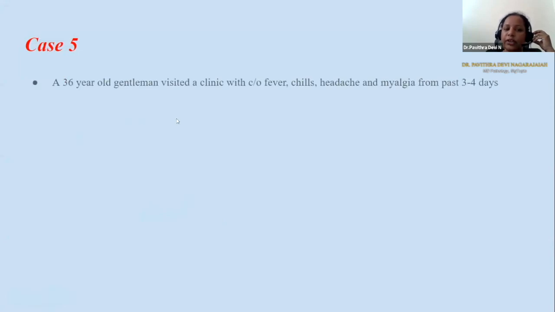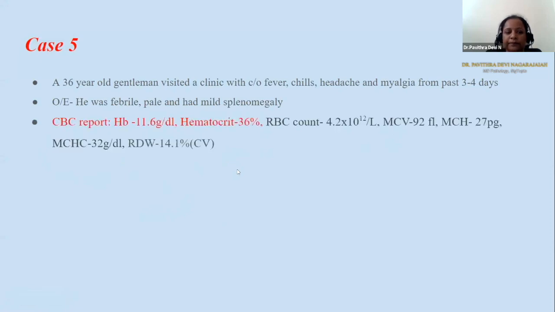A 36-year-old gentleman visited a clinic with complaints of fever, chills, headache, and myalgia from the past 3 to 4 days. On examination, he was febrile and he was pale, and he had mild splenomegaly. The CBC was ordered.